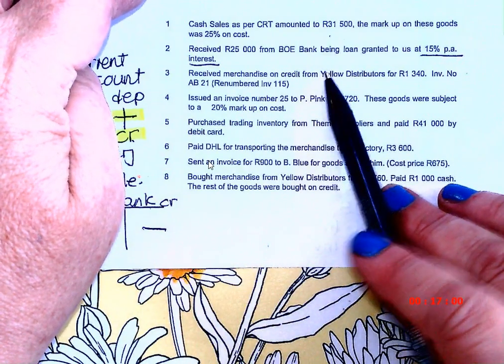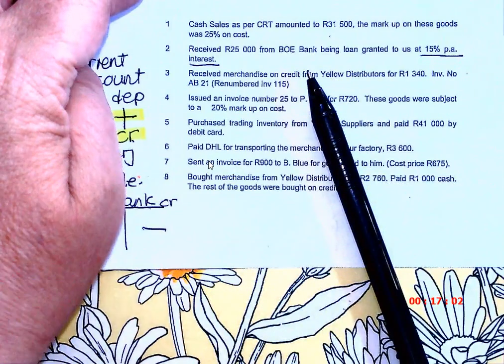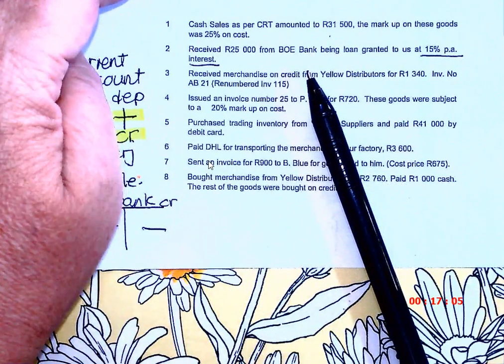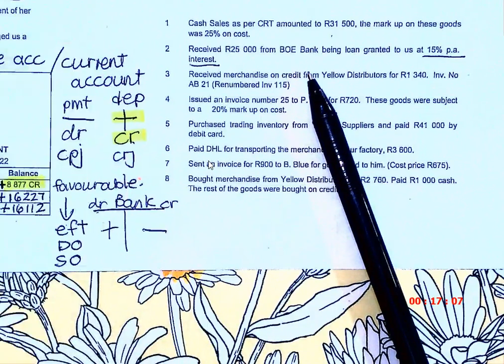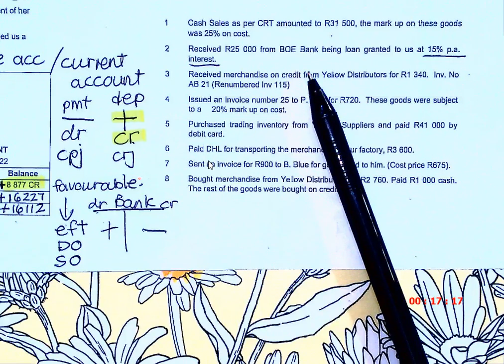How does a loan work? I go to the bank, I apply for a loan. What I give in all kinds of documents, they go do their due diligence. The moment they grant me the loan, what happens? I will hear an SMS going through on my phone, and when I open it, I will see I have 25,000 in my bank.